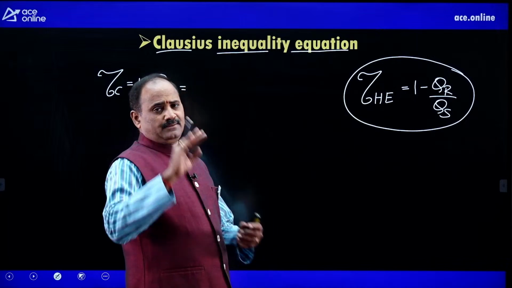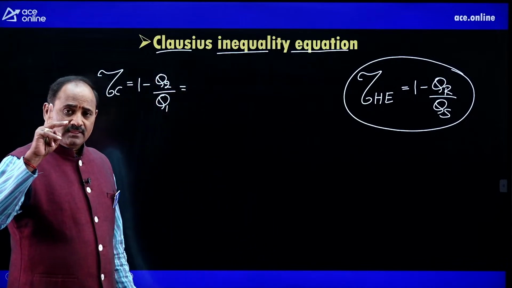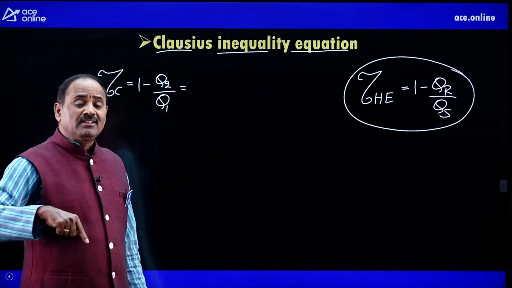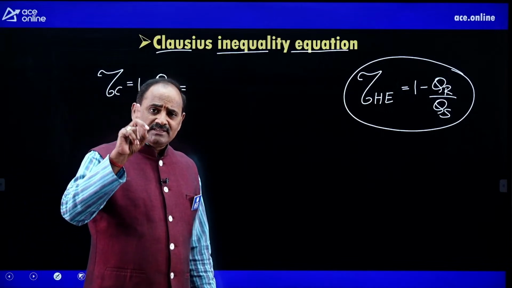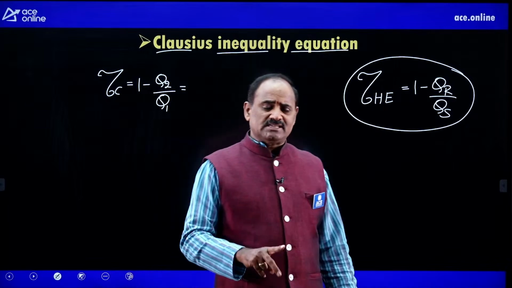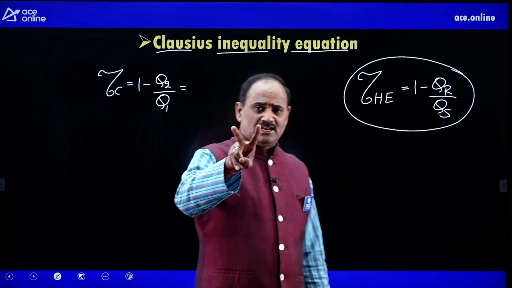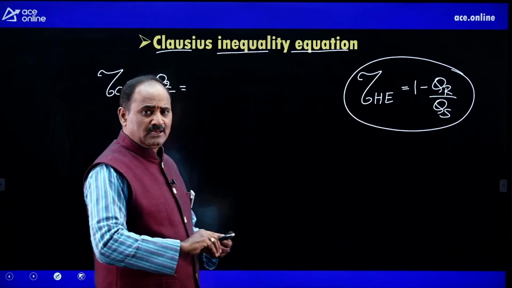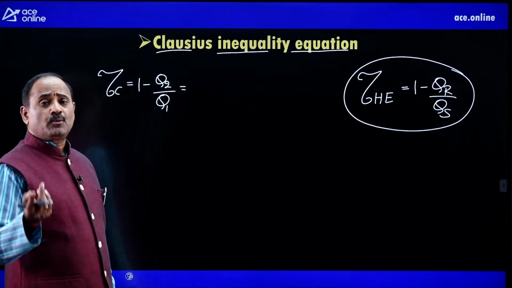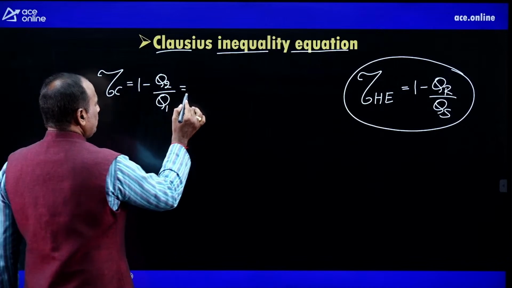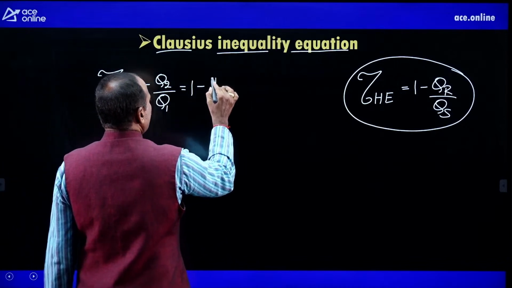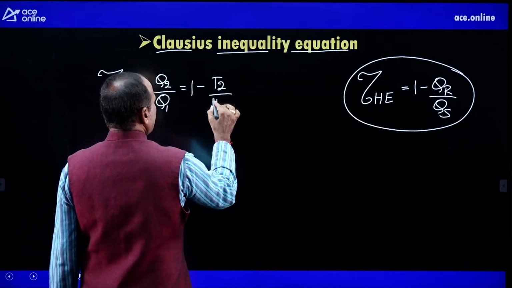But remember, for the heat engine which is working with all reversible processes with only two temperature limits, the heat transfer is proportional to temperature. Therefore, 1 minus Q2 by Q1 can be written as 1 minus T2 by T1.